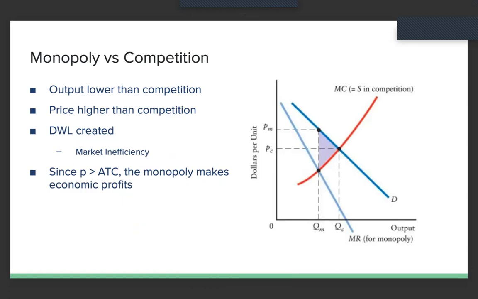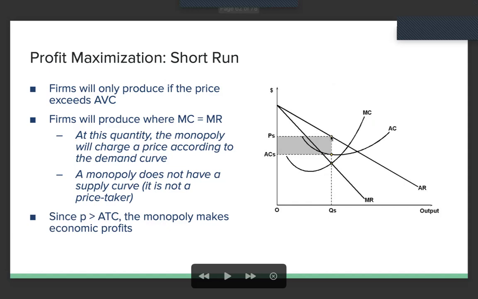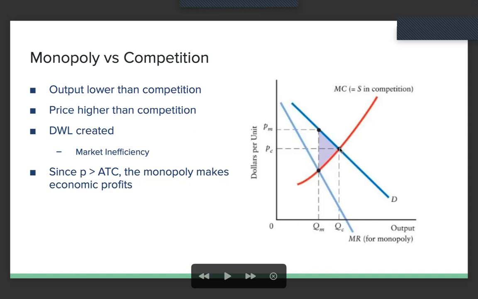But in this case, there's actually a deadweight loss. Since the MC is the supply curve, the equilibrium and the efficient outcome should be where the supply intersects the demand, right? So where the marginal cost intersects the average revenue. So somewhere between P and AC, right here. But since that's not happening, and we produce where MR equals MC, we have this deadweight loss.